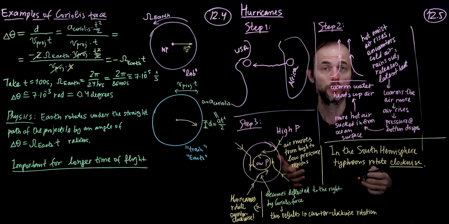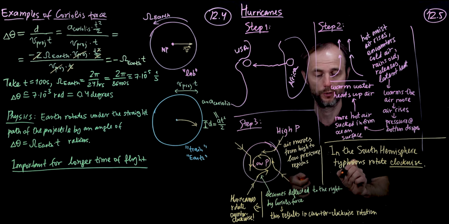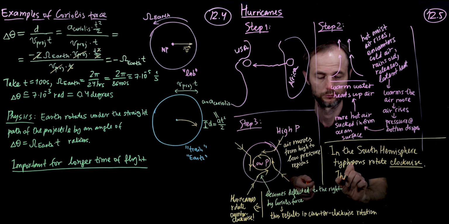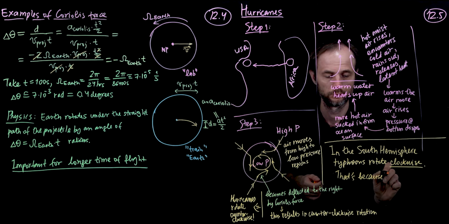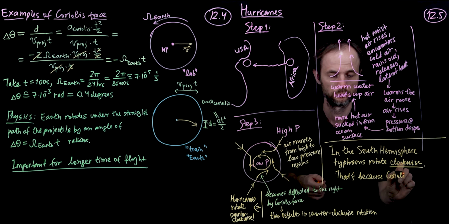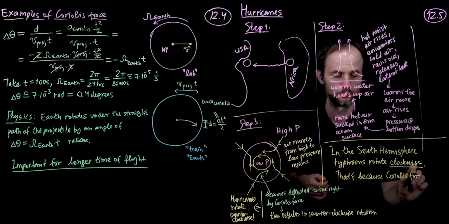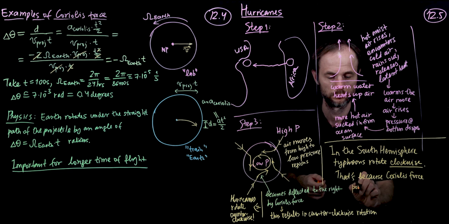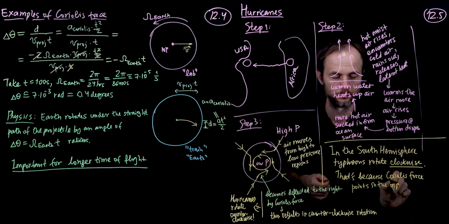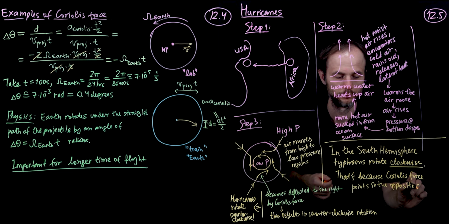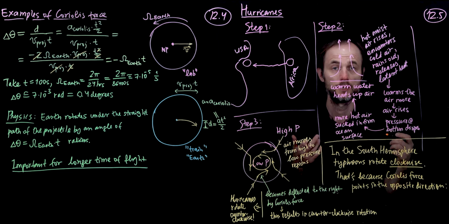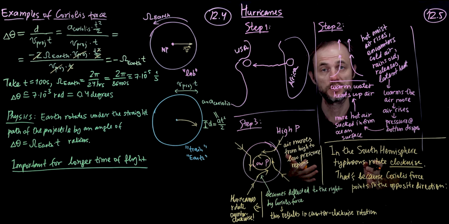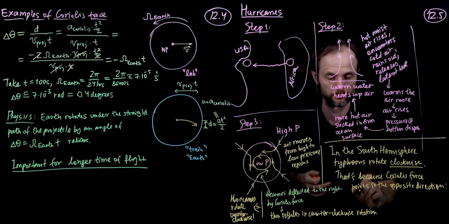That's because Coriolis force points in the opposite direction. Namely, it deviates the trajectories leftward.